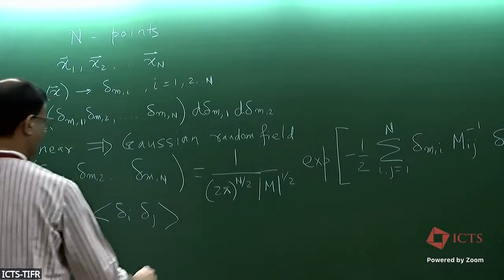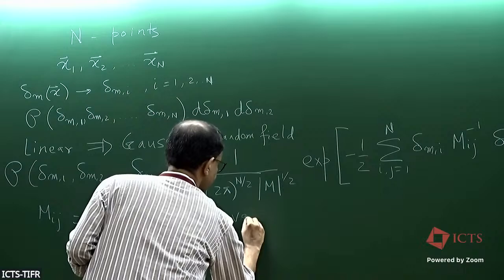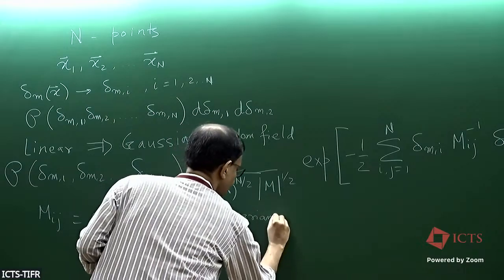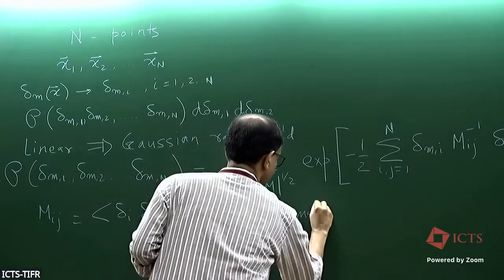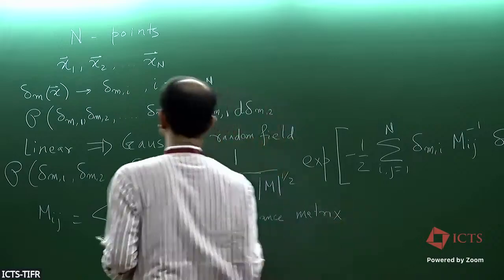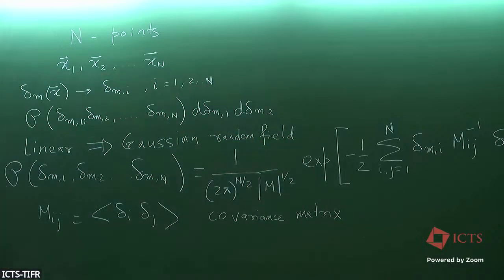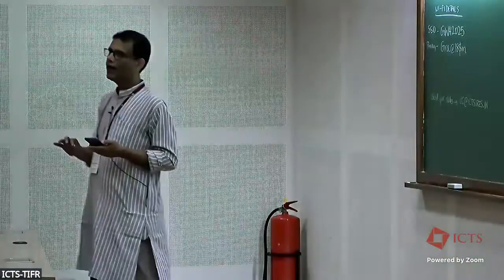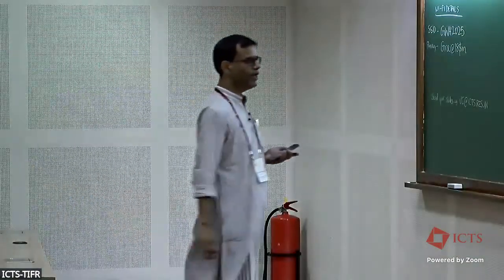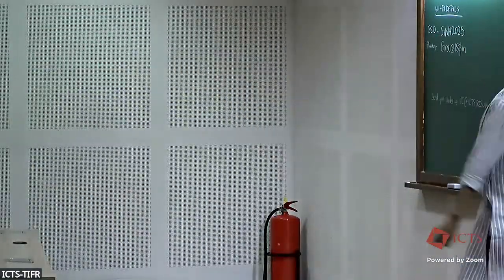It's called the covariance matrix. So this is essentially the relation for a joint distribution of many Gaussian random variables.